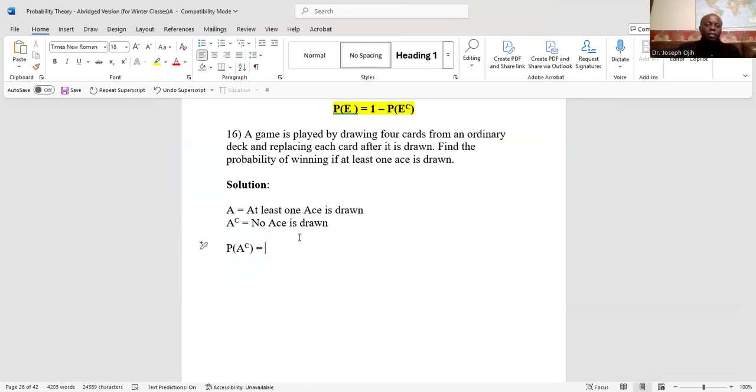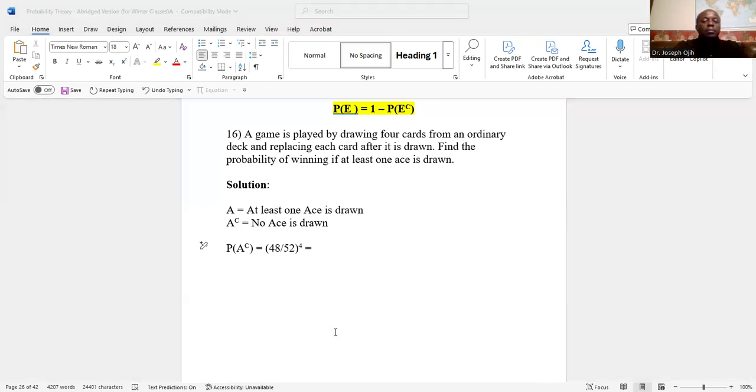You draw one after the other, so 48 out of 52 cards each time. Because the game is played by drawing 4 cards from an ordinary deck and replacing each before drawing the next one, it's 48 over 52 times 48 over 52 times 48 over 52 times 48 over 52, which is 48 over 52 raised to the power of 4.